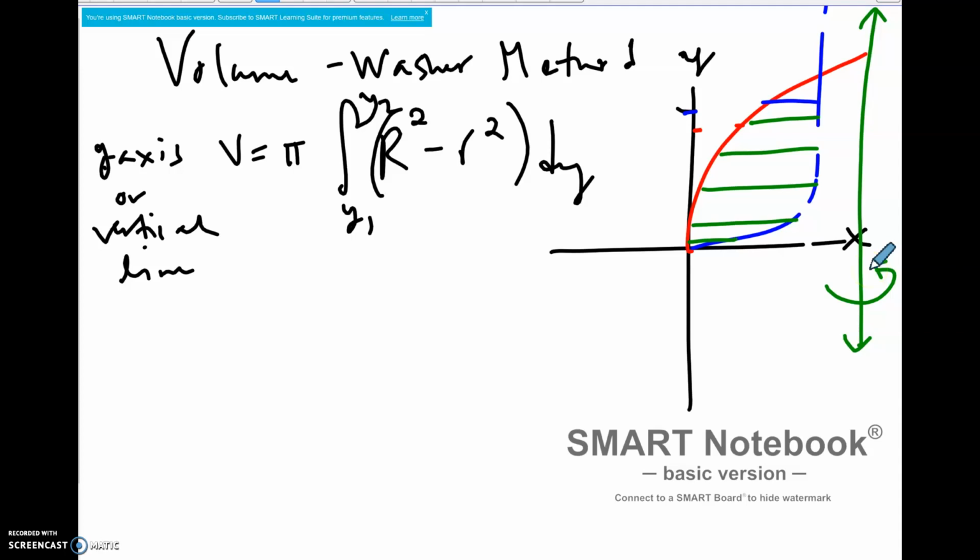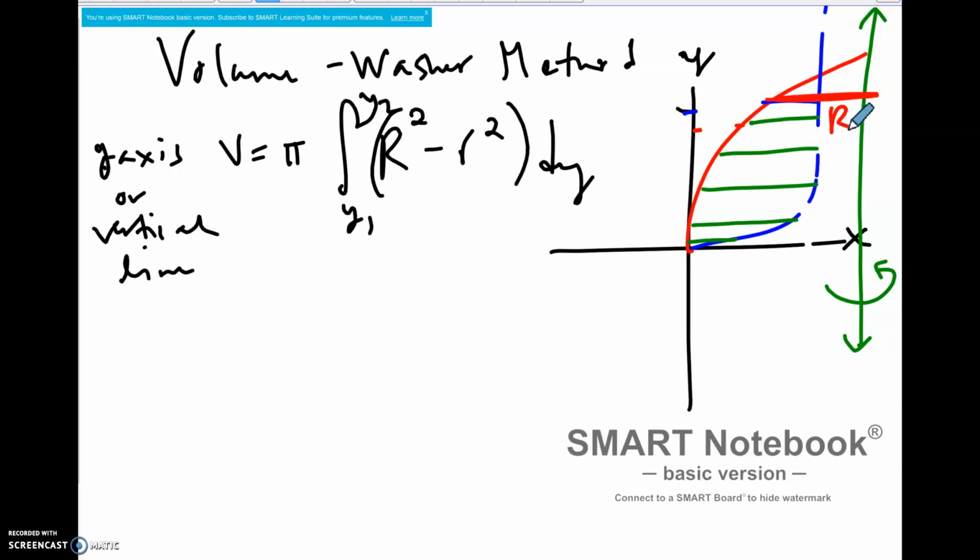So that's how I know that it is a washer. Now, in this case, who's furthest away, my blue function or my red function from this green vertical line? The red function.